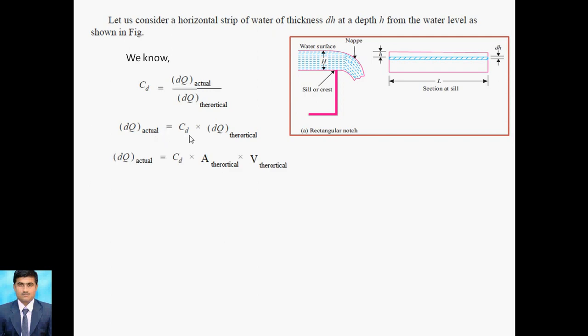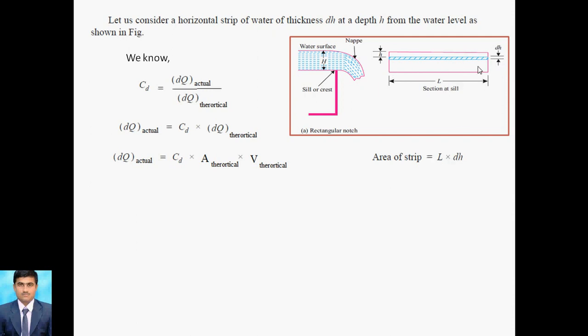Now, as we know, dQ theoretical, that means Q is nothing but A into V. So dQ means the elemental discharge. We can write it as A theoretical into V theoretical. A theoretical means length and the smallest dh, because we are finding it for the smallest strip, so length into width.